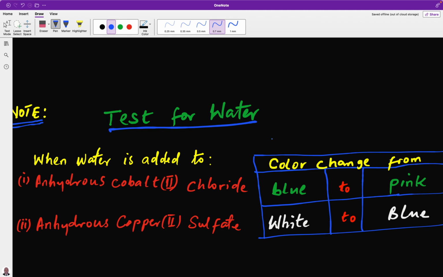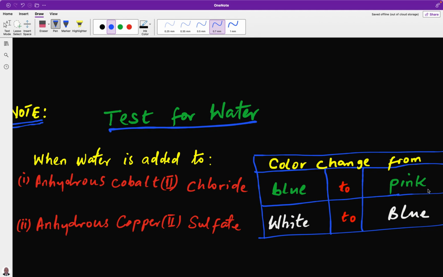If water is added to anhydrous cobalt 2 chloride, the color will change from blue to pink.